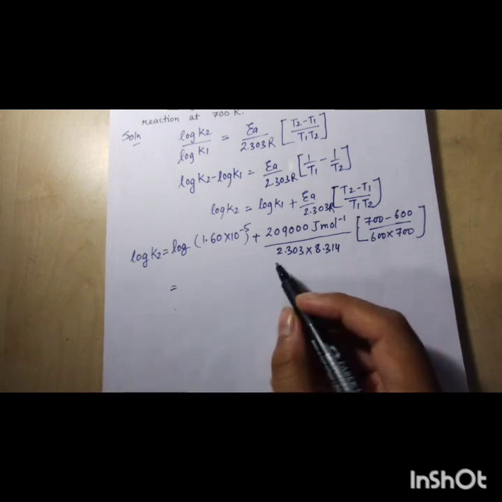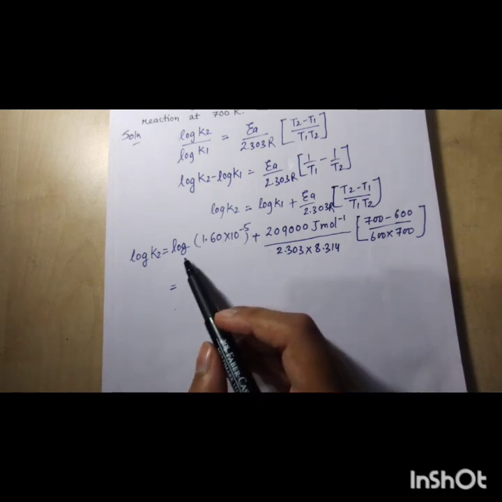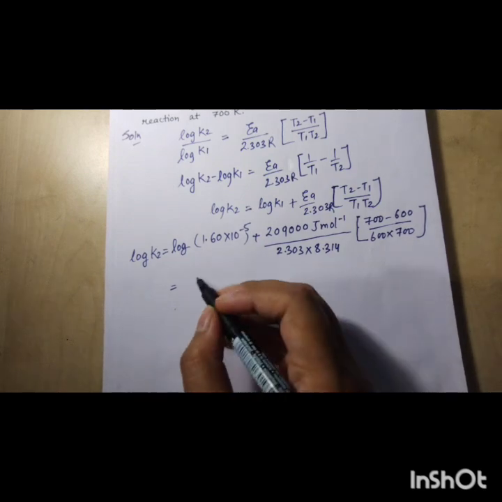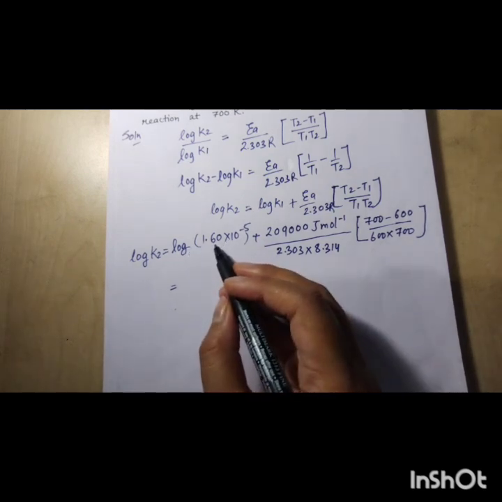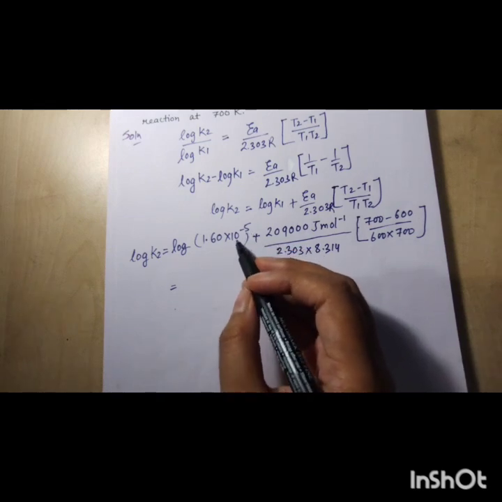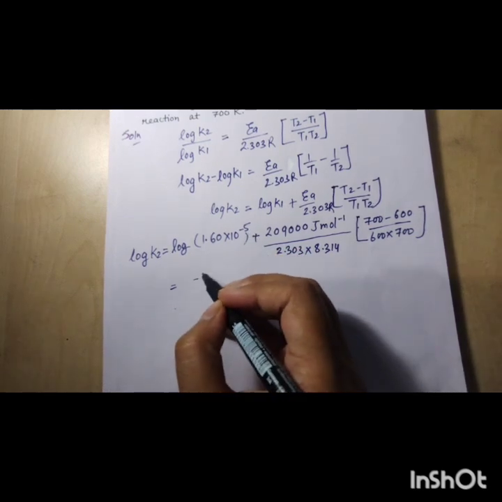We will solve this here, so we will get log 1.60 into 10 to the power minus 5. Log 10 to the power minus 5 becomes equal to minus 5.